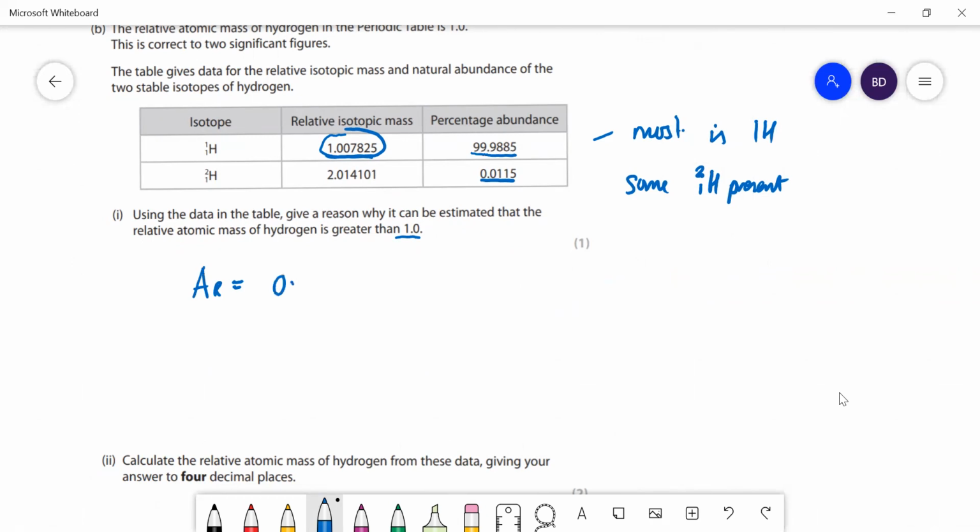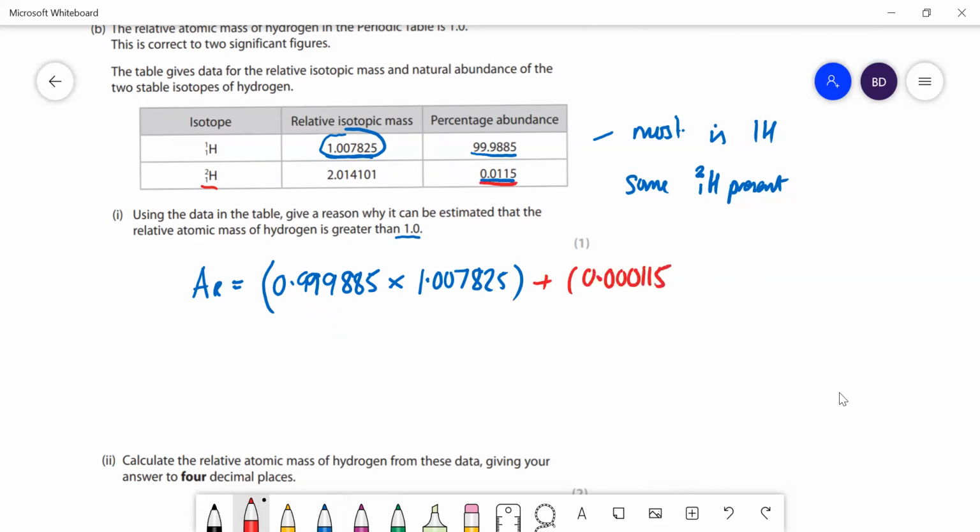So it's going to be 0.999885 multiplied by 1.007825, plus the abundance of the other isotope, divided by 100, so it's going to be 0.000115 multiplied by 2.014101.